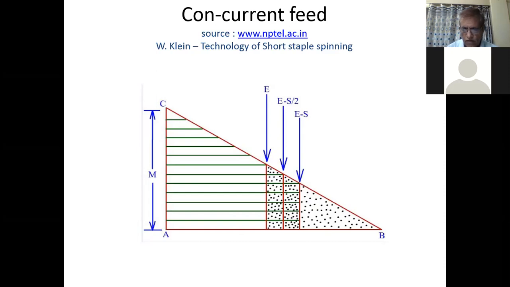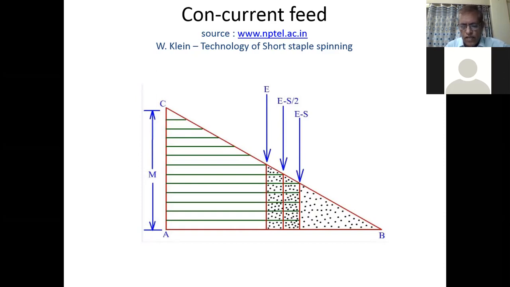And all fibers longer than E minus S will go to sliver, represented by the green horizontal lines. Now the suspense lies in the central region. We are not sure, they may go to sliver or noil depending upon their actual position in the lap sheet and orientation of the fibers in the lap sheet.